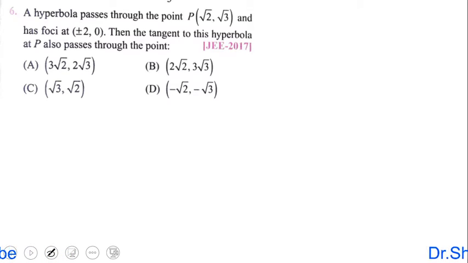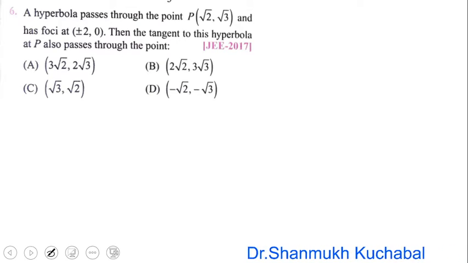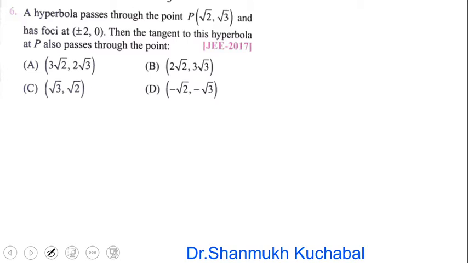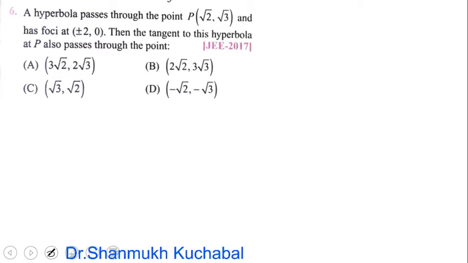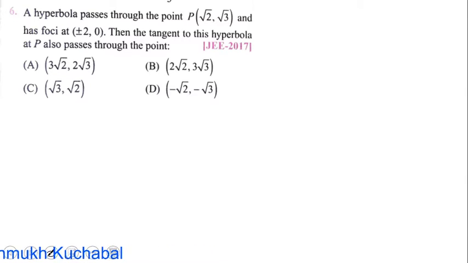Example number 6. It is given that the hyperbola passes through the point P, which is 2 root 2, comma, 3 root 3, and the foci are given by plus or minus 2 comma 0. Then the tangent to the hyperbola at P passes through the point.